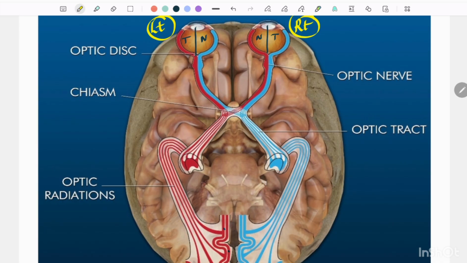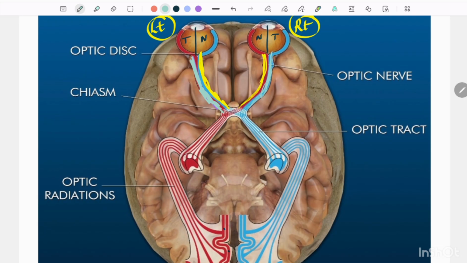I will mark it clearly with a yellow one. These are the nasal fibers of the left eye and these are the nasal fibers of the right eye. And these are the temporal fibers. These are the temporal fibers of the left eye and these are the temporal fibers of the right eye.